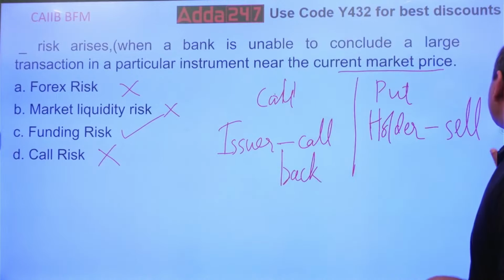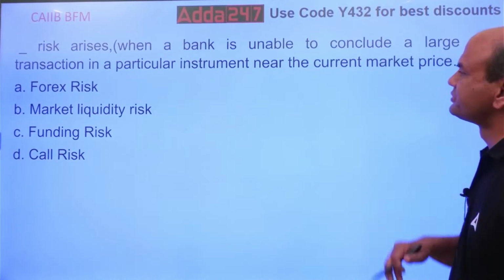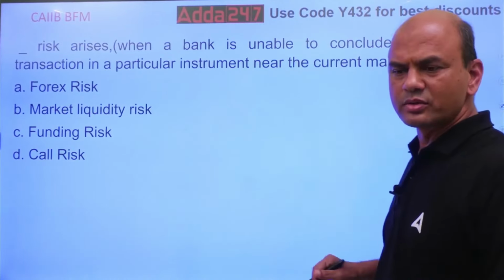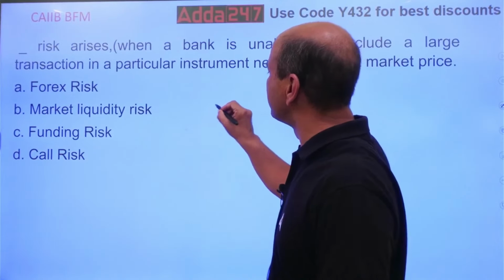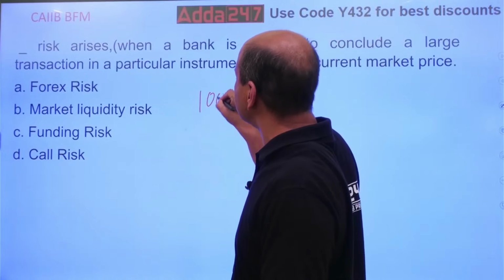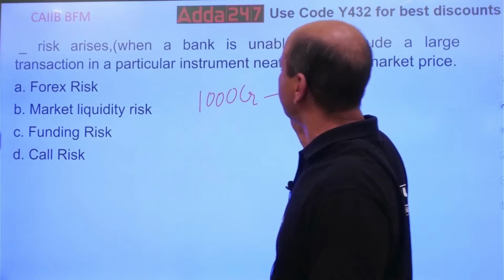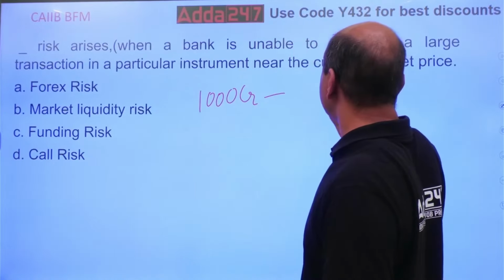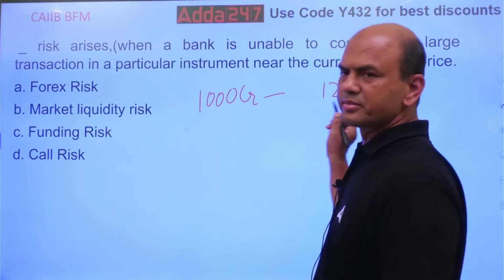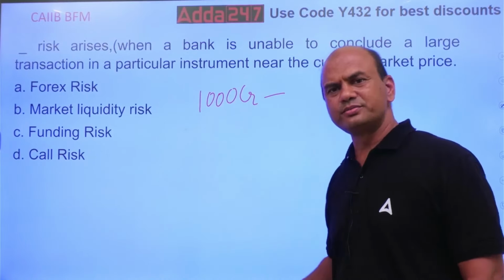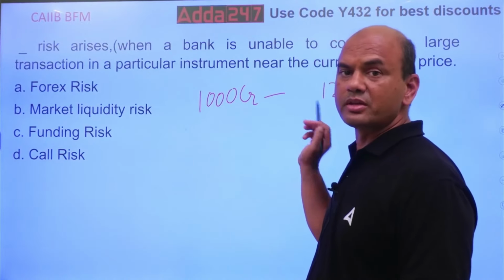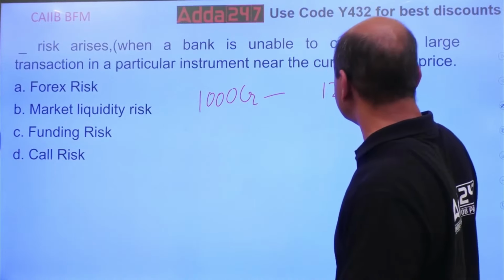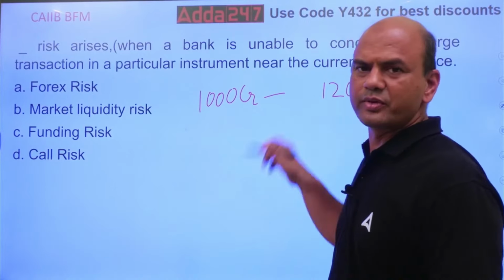See this. I'll give you a simple explanation on this. Funding risk, look at this. Suppose I am planning to sell a bond, let's say 1000 crores. 1000 crore bonds, I am planning to sell at 120 rupees per bond, whatever it is, okay? So it will multiply this, whatever that figure is.